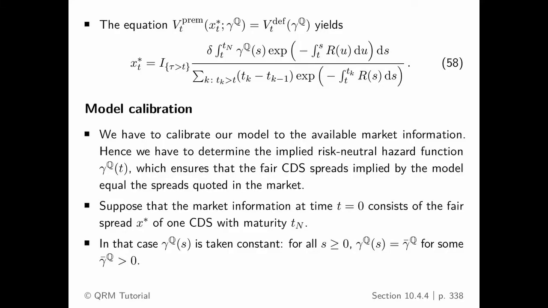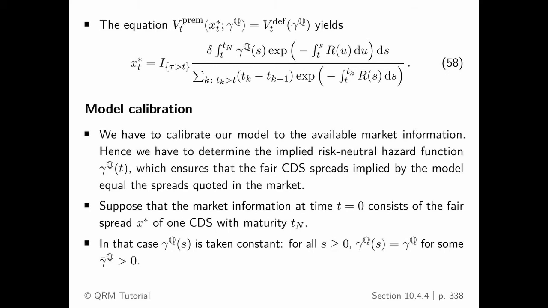Mathematically, if we want to compute the fair spread, given a pricing model, we have to solve an equation. Namely, we have to find the value of x star such that the value of the premium payment given X star and the default intensity gamma Q is equal to the value of the default payment, which is independent of the spread.